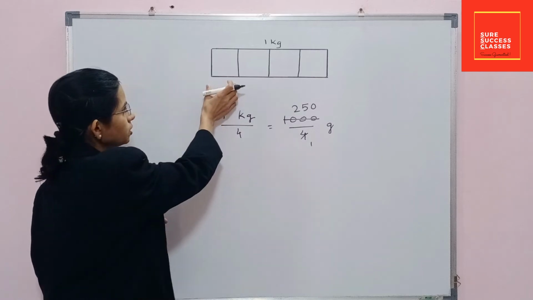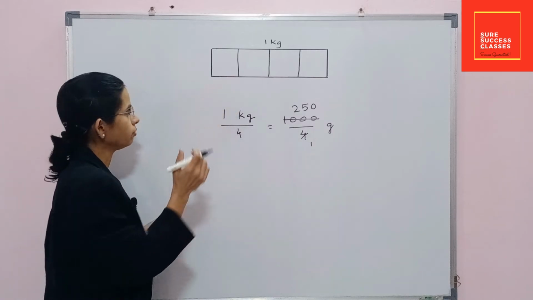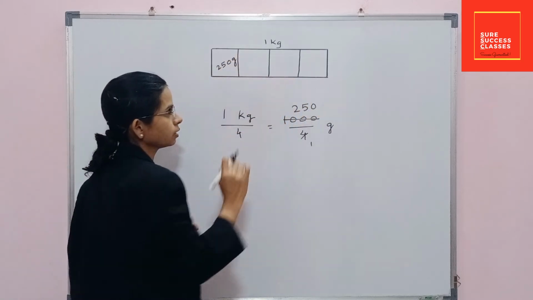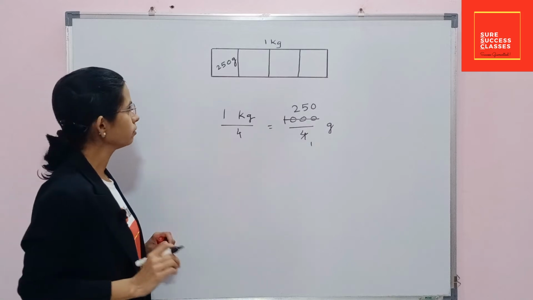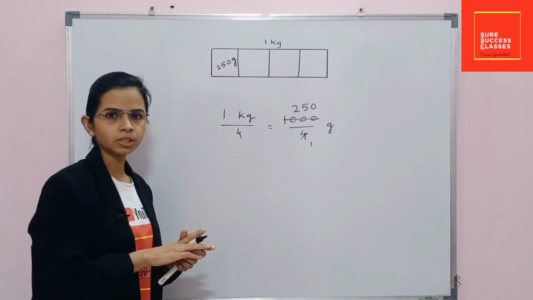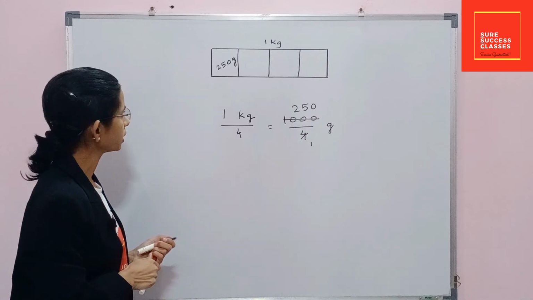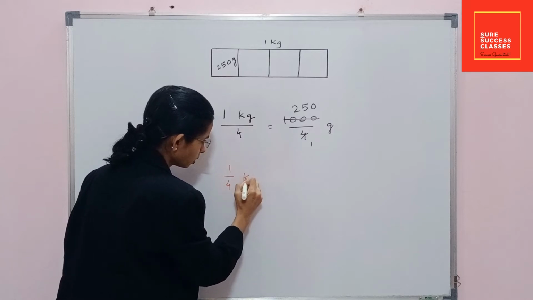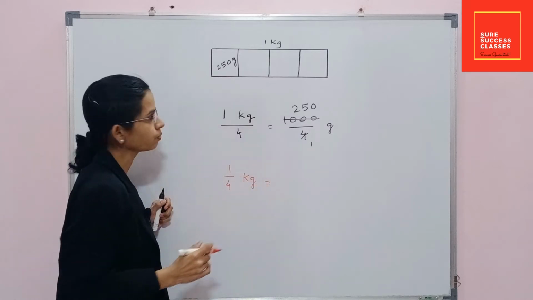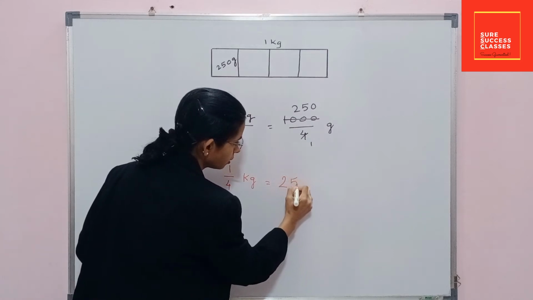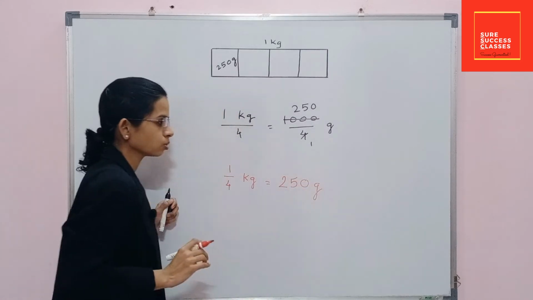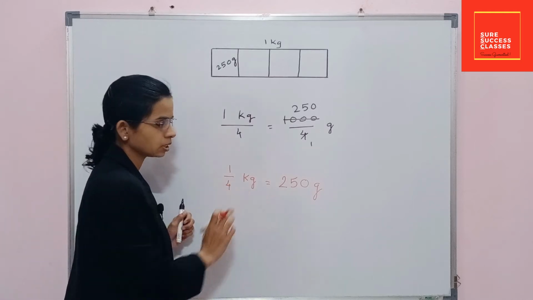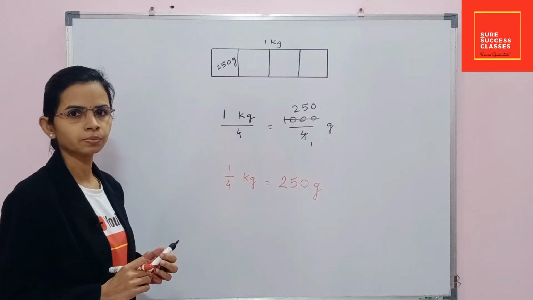Means each part will be of 250 grams. Each part will consist of 250 grams. So from this we can write here, 1/4 of kilogram is equivalent to how many grams? 250 grams. So the conversion here is 1/4 kilogram is equivalent to 250 grams.